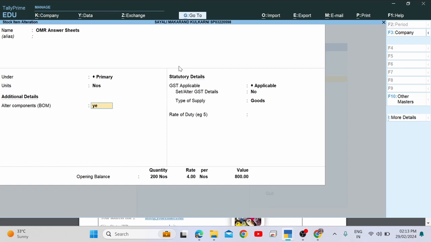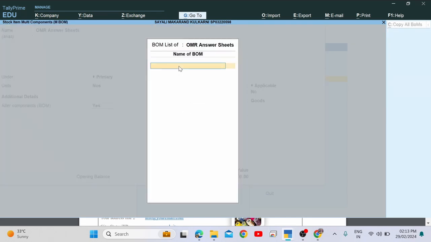Let me type here, one OMR sheet. You can give any name, it's your choice, but to produce one, whatever is required, I want to write that, therefore I have specified, for my understanding, one OMR sheet. Otherwise you can write directly OMR sheet. This is the name of the bill of material.